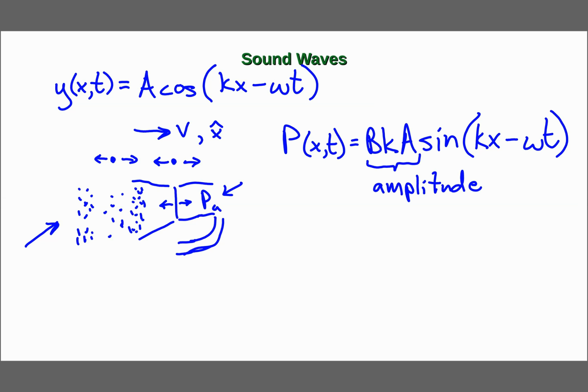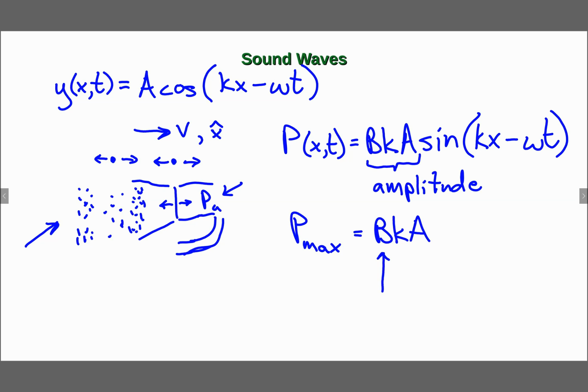Whenever we have these constants out in front of our sine or cosine function with these wave functions, that's the amplitude of our wave. P max is equal to BkA. Okay? And this P max is what dictates the loudness of a sound. Okay? So different listeners will perceive different pressures as loud or not loud, but the loudness is always tied to this max pressure.